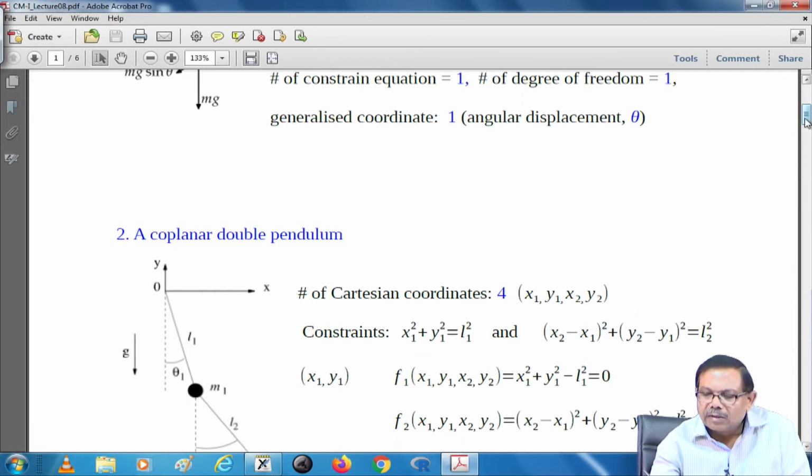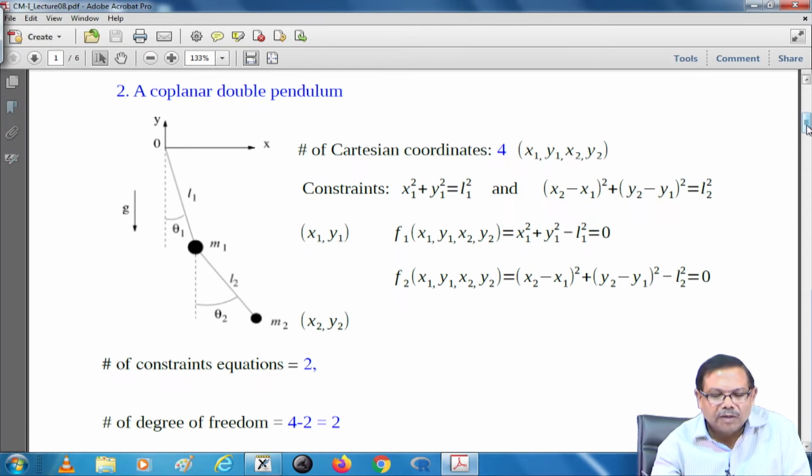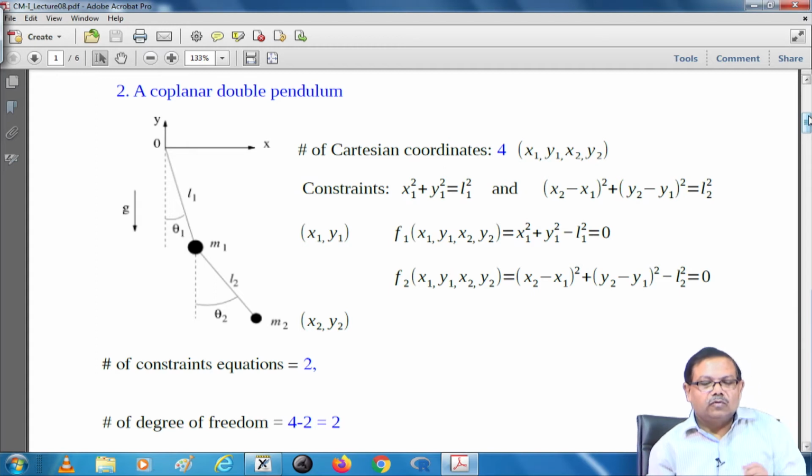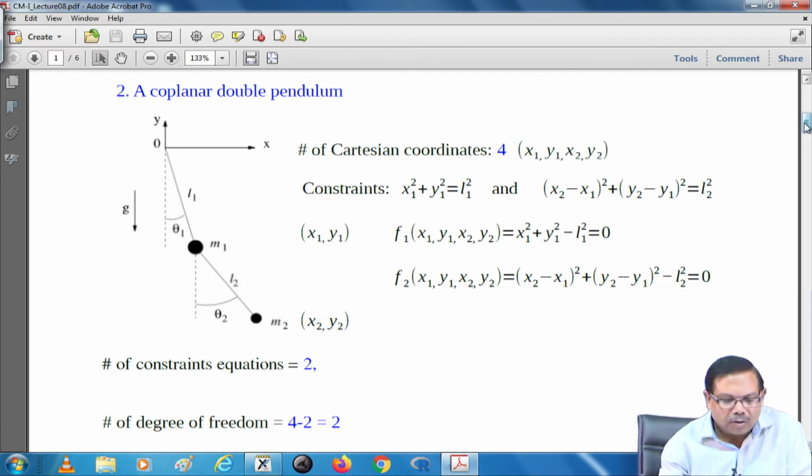Similarly, we can consider the case of the double pendulum. Earlier, while doing these problems, we did not bother about the constraints. We chose by inspection the correct generalized coordinates and wrote down the kinetic energy and potential energy of the system.